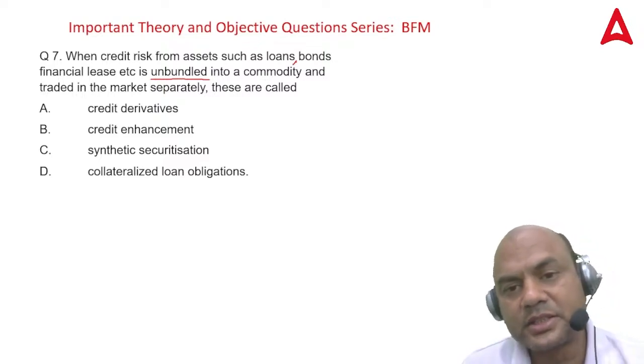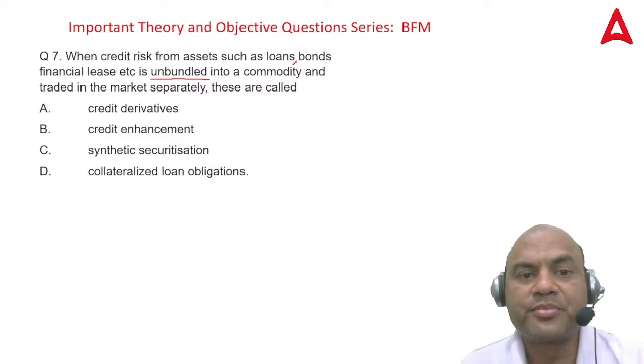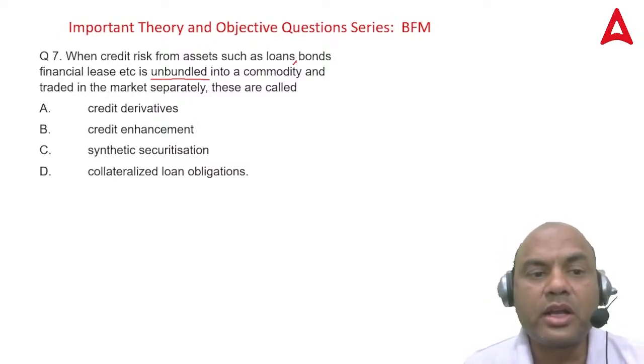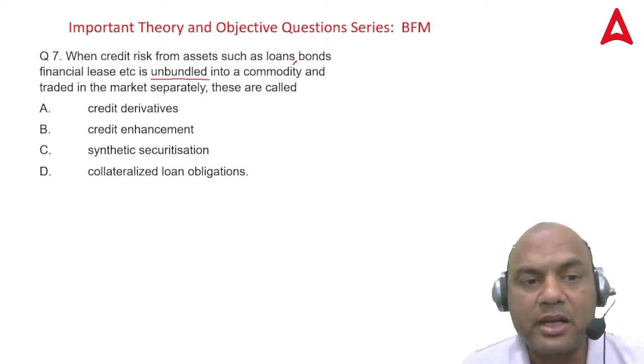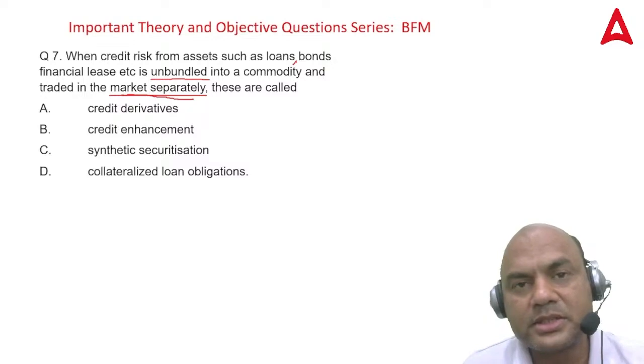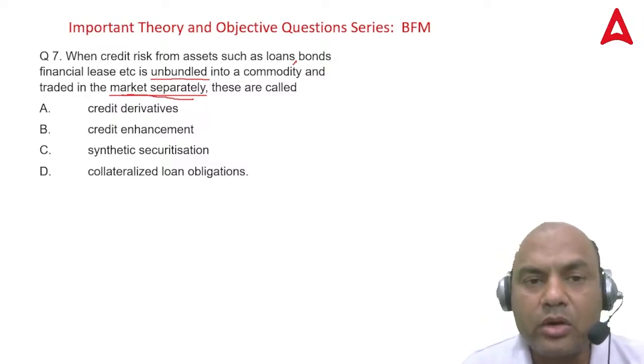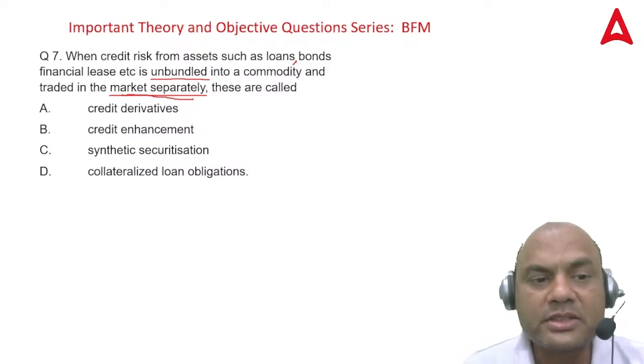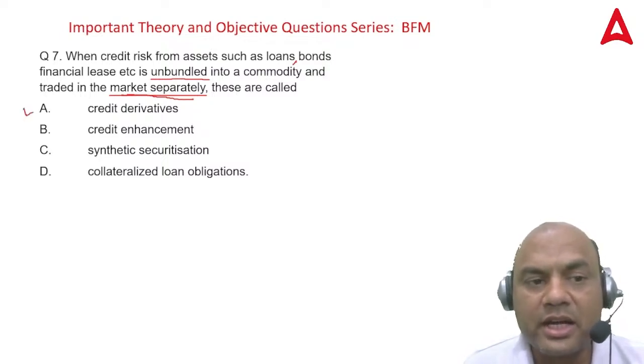Unbundled into commodity and traded in the market separately means here that I separate the commodity and the derivative part. So the answer is credit derivatives.